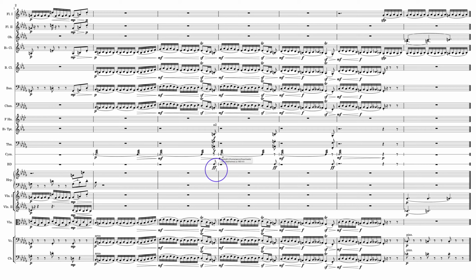Now, I really encourage you to read some orchestration manuals talking about the bass drum. Samuel Adler recounts an anecdote from studying with Walter Piston, when Walter Piston said, "It doesn't matter what the orchestra is doing, if you mark a fortissimo over a bass drum stroke, nobody will be able to hear anything else."